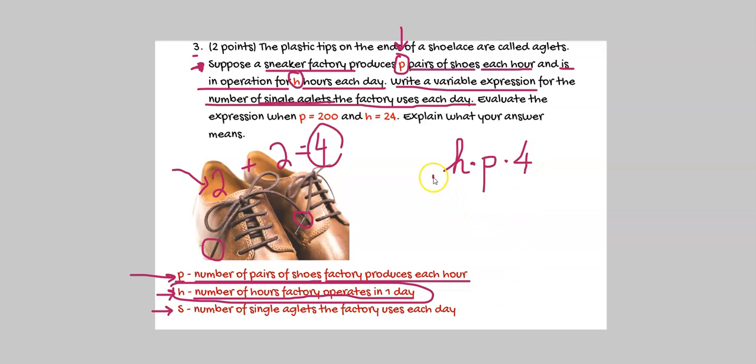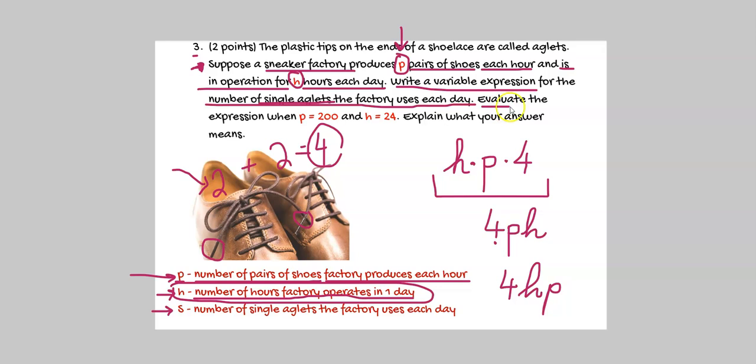So now this is the variable expression, but we're going to rewrite it in the standard format, where the coefficient, the number, goes first, and then you can use any order of the variables. It could be 4PH, you can say 4HP, it will be the same.